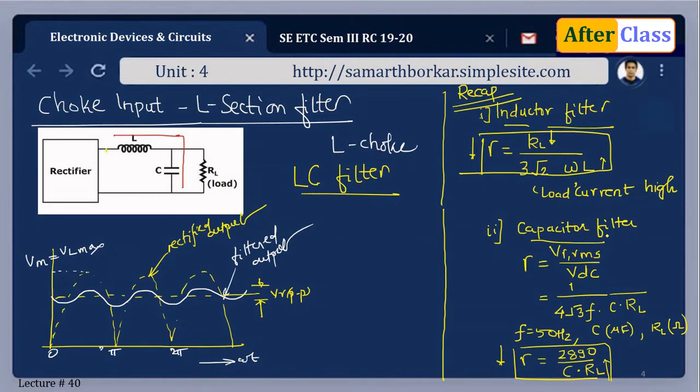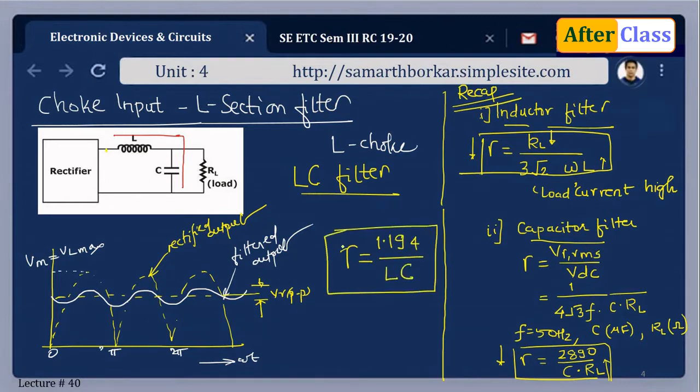The advantage of using this LC filter is that when we derive the equation for ripple factor, let me directly write down the equation so that we can have a comparison between these three filters. Anyway, we are going to derive this. The ripple factor for LC filter is 1.194 divided by LC.